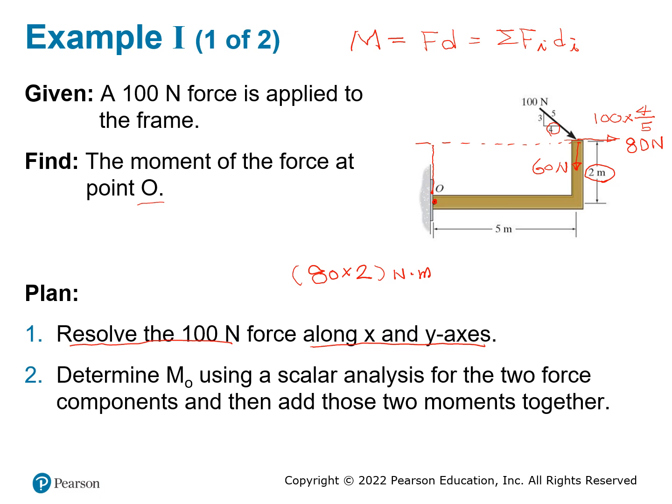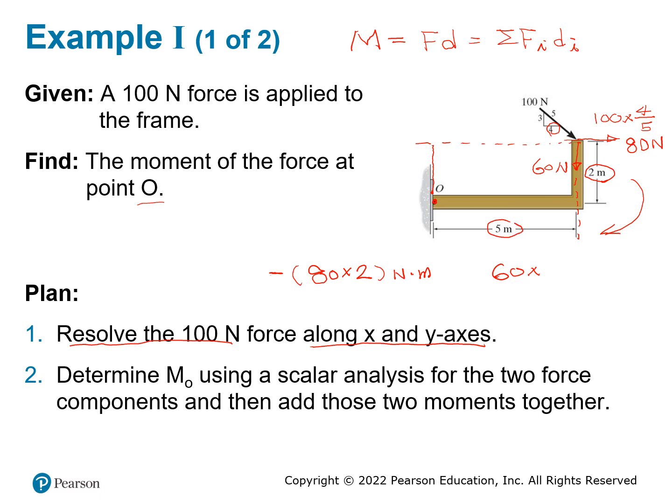And what is the direction of this moment? Well, this force tends to rotate this way, and this is the clockwise direction. So we're going to put a negative sign on this one here. Then you look at the y component. This is 60 Newton, and the perpendicular distance is, you extend the line of action.